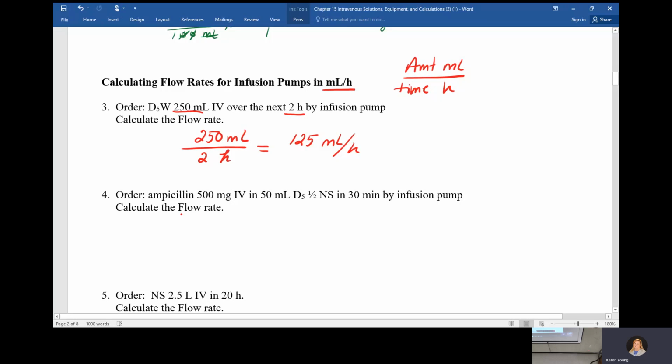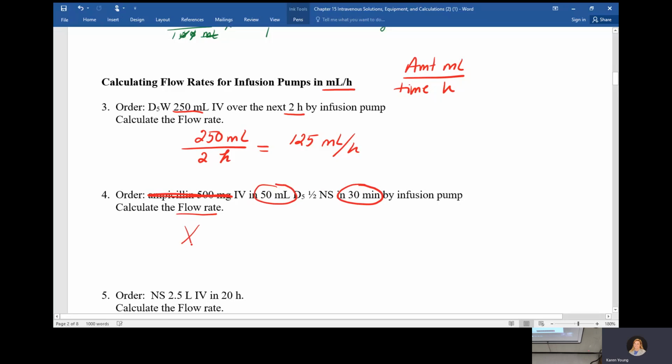To calculate the flow rate, you don't need the medication or the amount of medication. Okay. When we're calculating how much we're going to give, we need that. But to calculate the flow rate, we don't. We just need our amount in milliliters and our time. Okay.